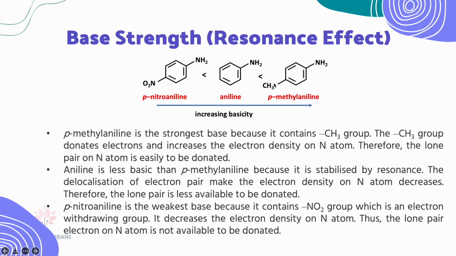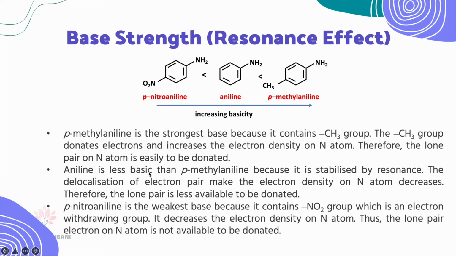We know that CH3 is an alkyl group. Alkyl group donates electron. CH3 is an electron donating group. When it donates electron, it can increase the electron density on the N. The lone pair on the N atom is easily donated, meaning the lone pair can easily attack the H+.